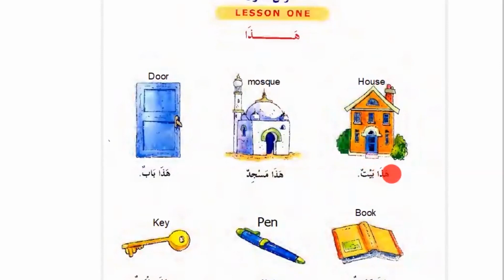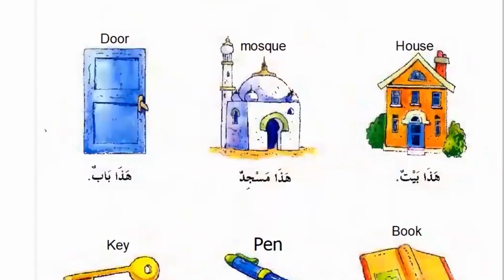So here we have haza baitun. This is a house. Haza masjidun.